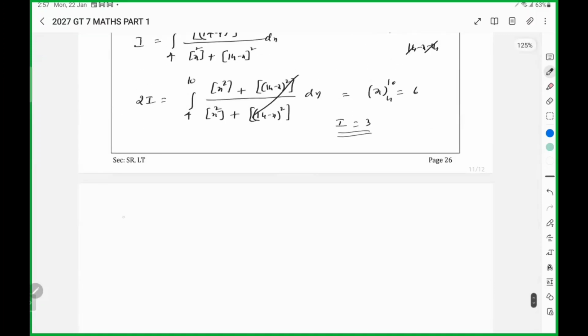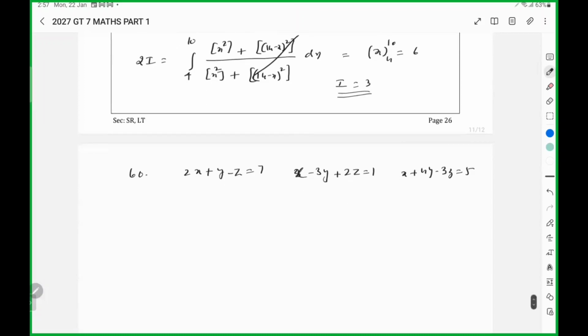Here, we are finding the number of solutions of this equation, x plus 4y minus 3z.